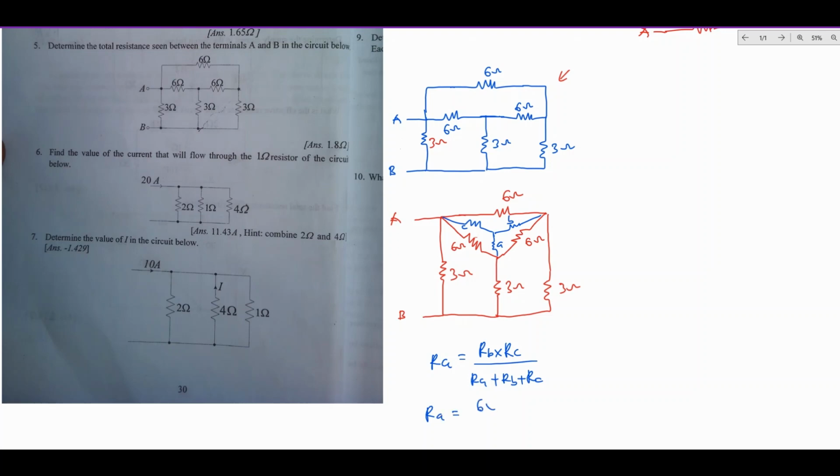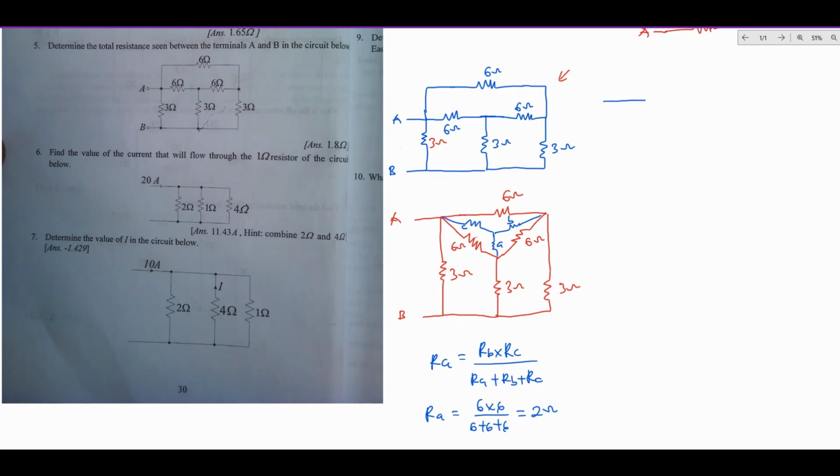So 6 times 6, divided by 6 plus 6 plus 6, gives us 2 ohms, which means that each of the resistors in the star connection has a resistance of 2 ohms.